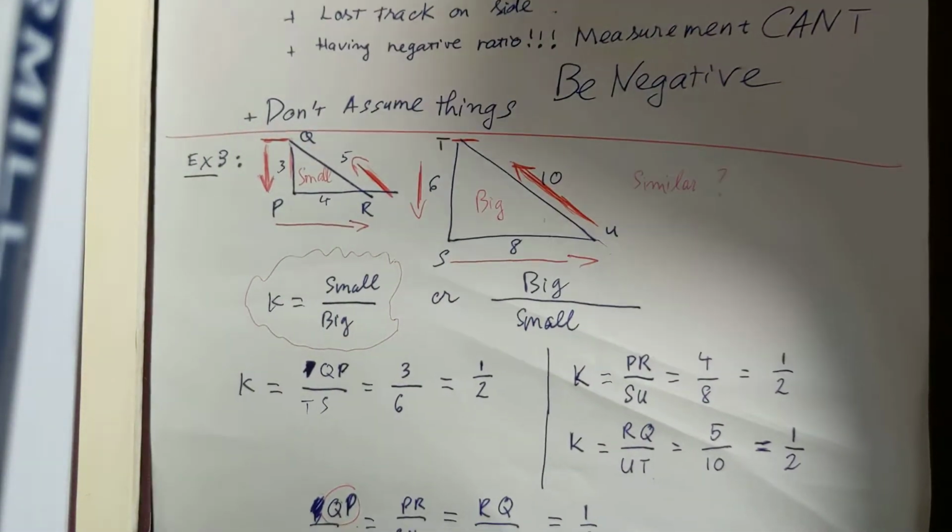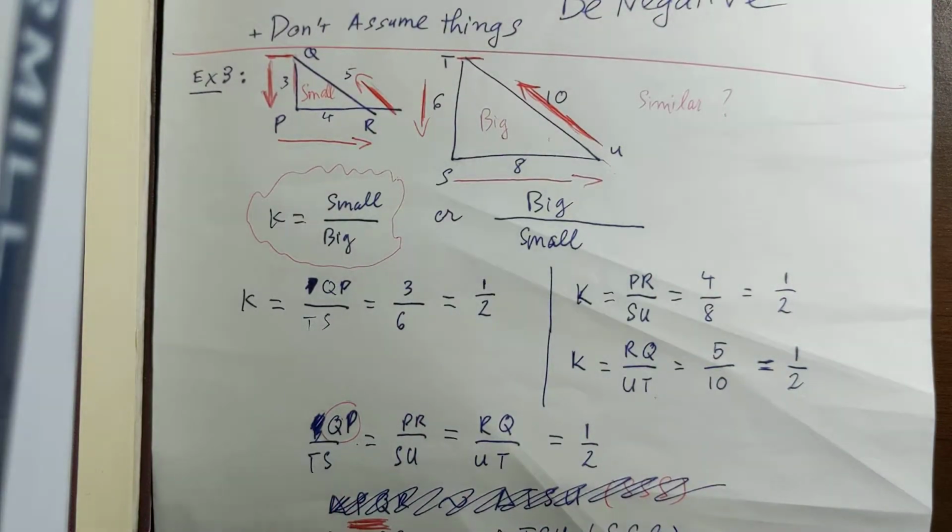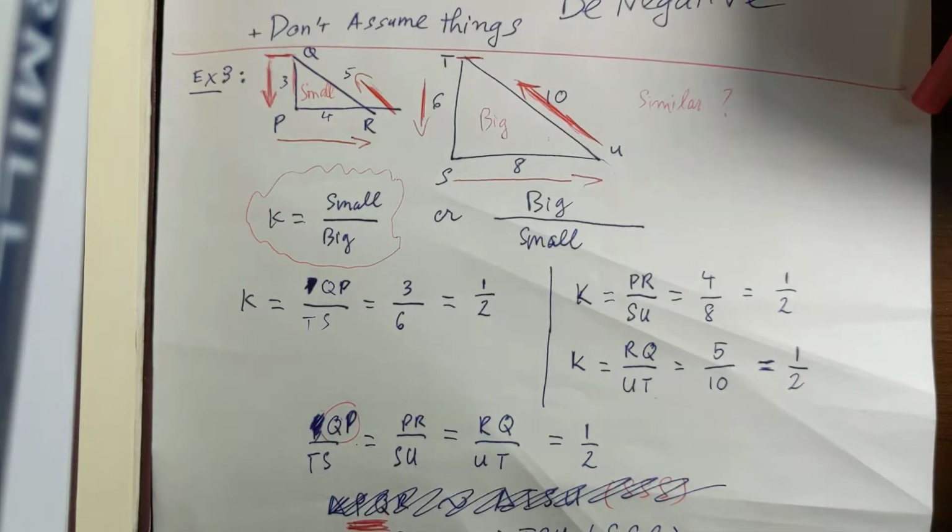Once you have those, you can say, well, I got this bunch of fractions here. QP over TS will be exactly the same as PR over SU. Also, it's going to be the same as RQ over UT, which is 1/2. From there, you have to say which triangle is similar to which triangle.